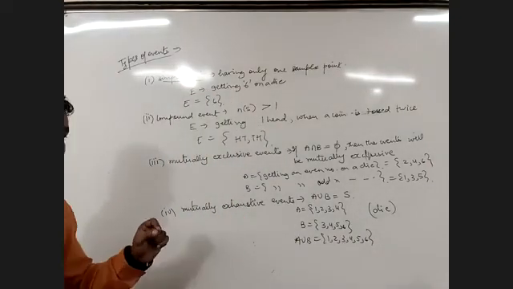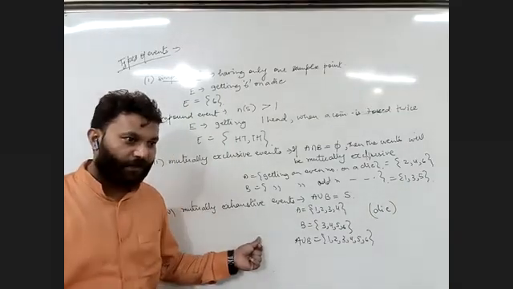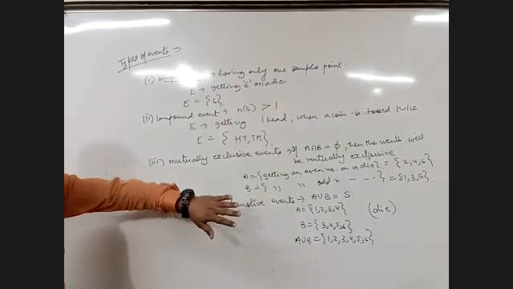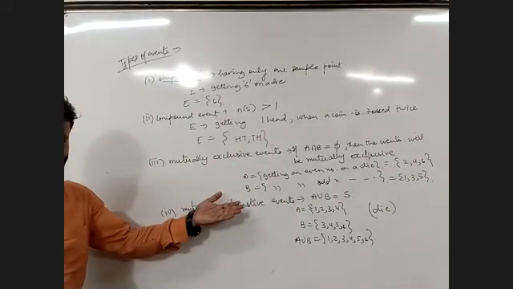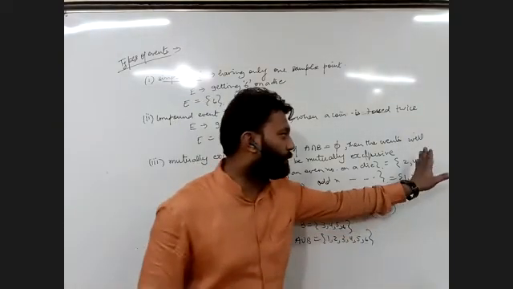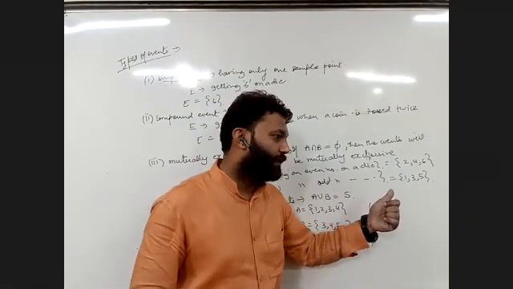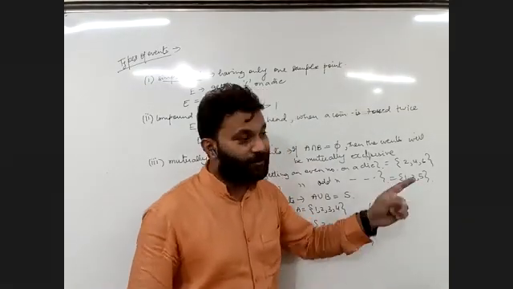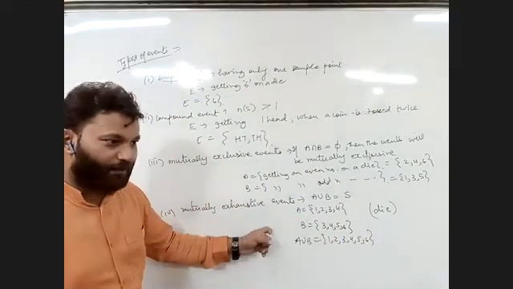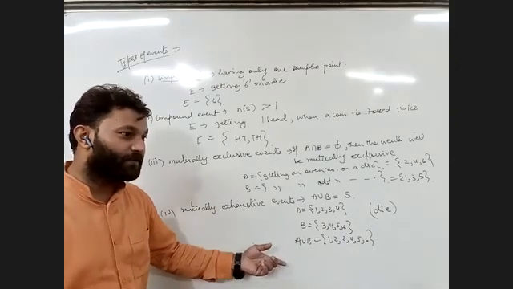So one thing that should be understood, it is not mandatory that for exhaustive, it is exclusive also. An event can be only mutually exclusive. An event can be only mutually exhaustive. Like for example, अगर यहाँ पर 6 नहीं होता, so these two events would be still mutually exclusive, but not mutually exhaustive. यहाँ पर they are mutually exhaustive, but not mutually exclusive.